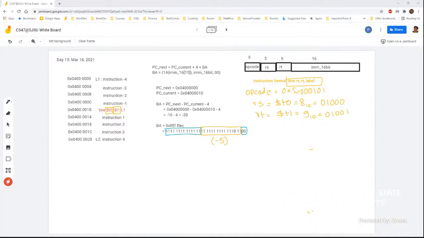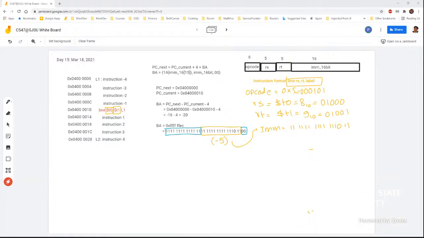And my immediate is this, which is 1, 1, 1, 1, 1, 1, 1, 1, 1, 1, 1, 0, 1, 1.